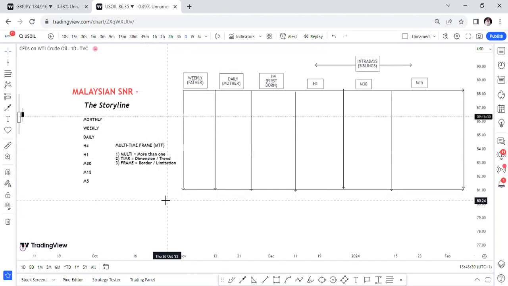So you must be able to check each time frame to know where lies the dimension of the trend, and the borderlines, the levels, because there are obstacles, there are borders within each time frame. If you are identifying your market structure in a longer time frame, you must go down within the higher time frame.